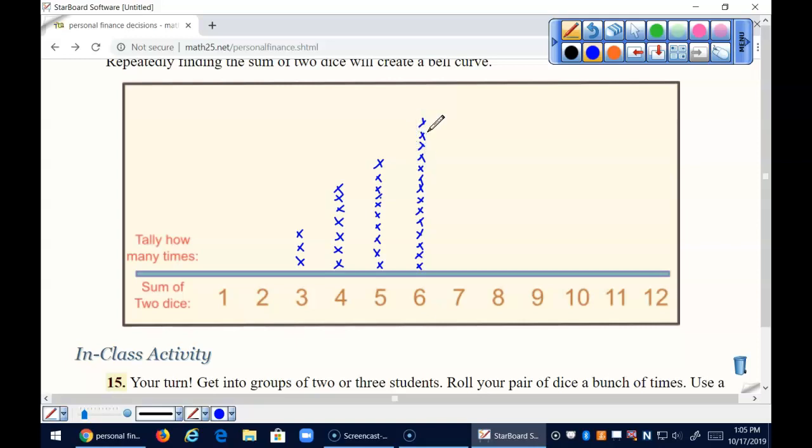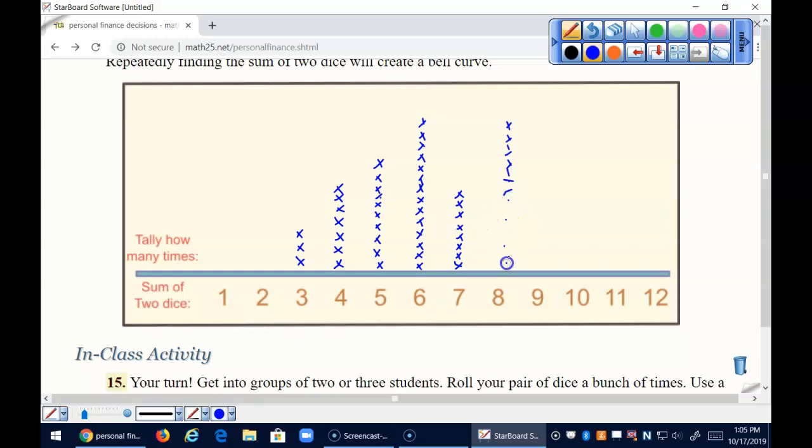How many 7s did we get? 3, 4, 5, 6, 7, 8. Only 8. Okay. How many 8s? 2, 5, 9, 10, 14 again. It's going to be the same as that one.